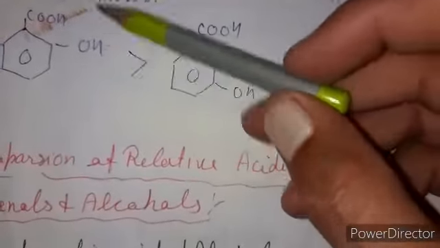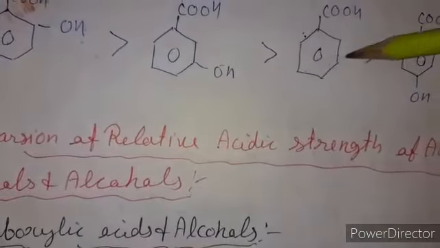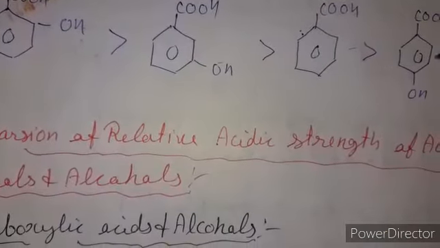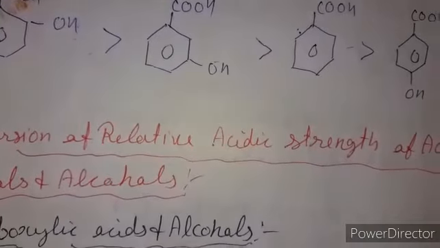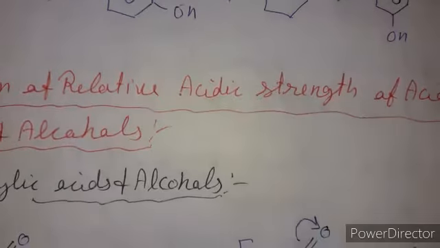So if an electron donating group is attached, the ortho isomer is more acidic as compared to meta, which is more acidic as compared to benzoic acid. Benzoic acid is more acidic in the case of an electron donating group at the para position.